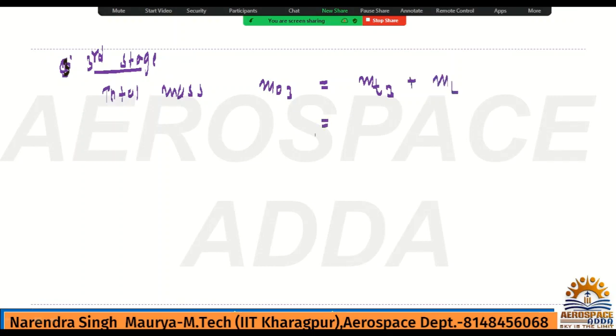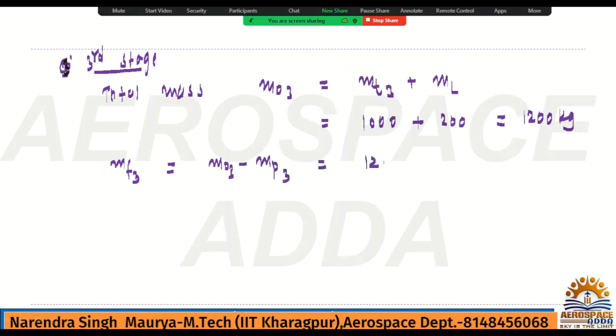What is the total mass? If I remember, it is 1000 plus the mass of the payload, 200, so 1200 kg. What is MF3, the final mass for stage 3? MF3 is M03 minus the mass of the propellant you need to remove.